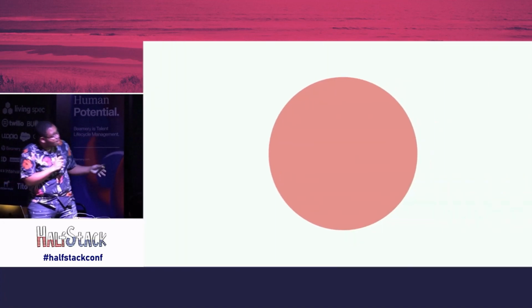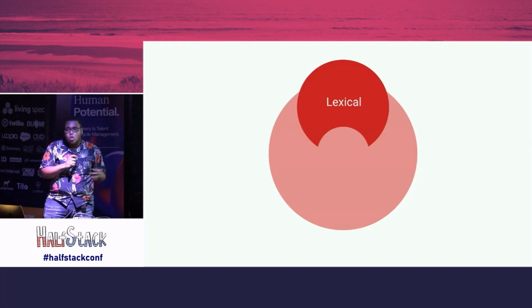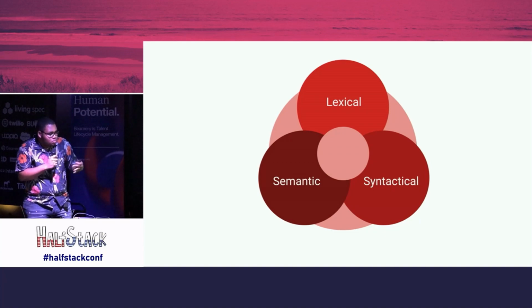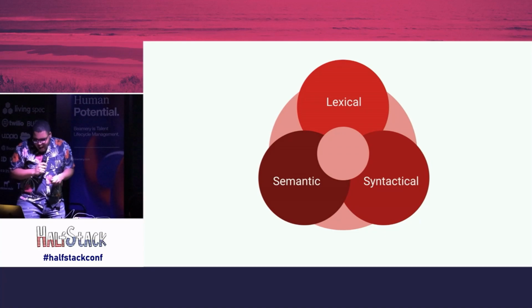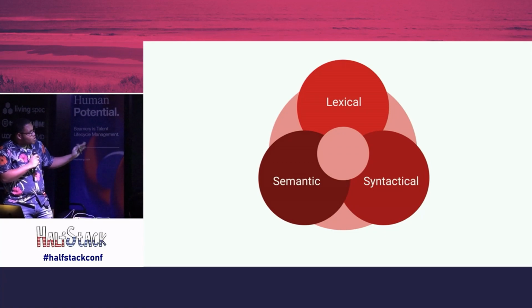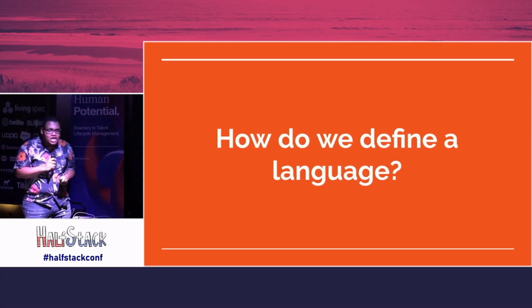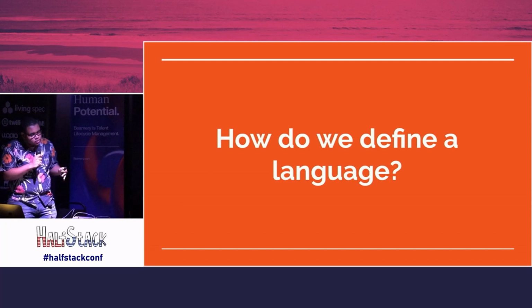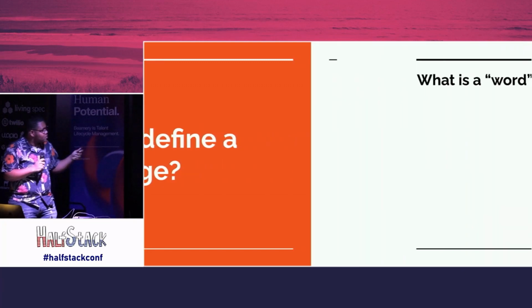It's defined on 3 levels: the lexical, or what words are, the syntactical, or what grammar is, and the semantic, or what meaning is. And breaking it down like this begs the question, how exactly do we define each level?